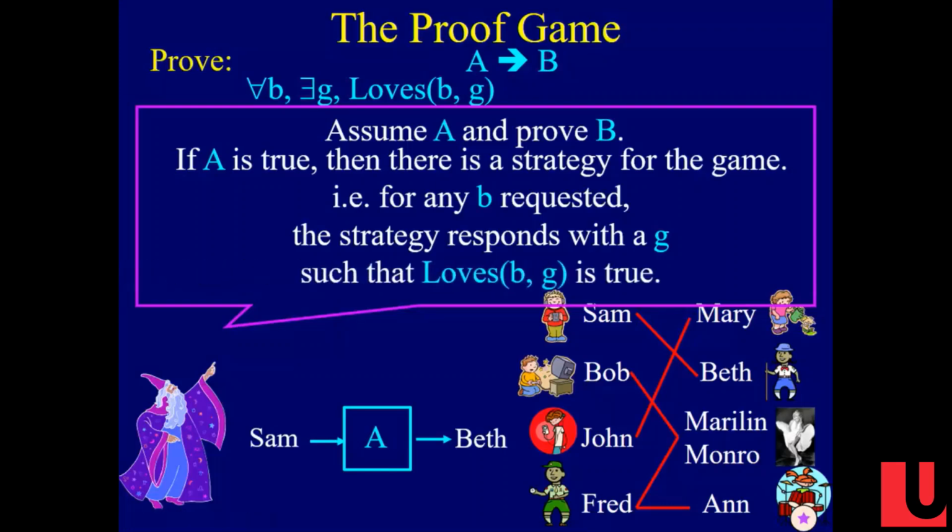And how do I use it? Well, if I know this is true, whenever I have an arbitrary boy, I can say, let G be the girl that's assumed to exist from this statement. I know that every boy has some girl, so my specific boy has some girl. Who is it?